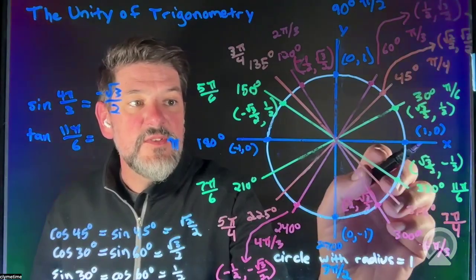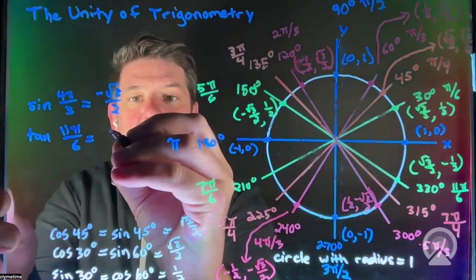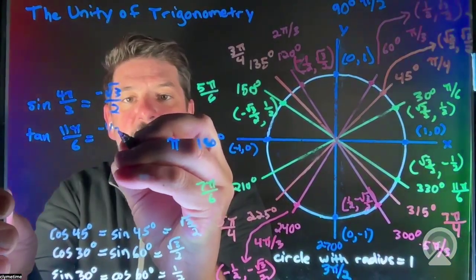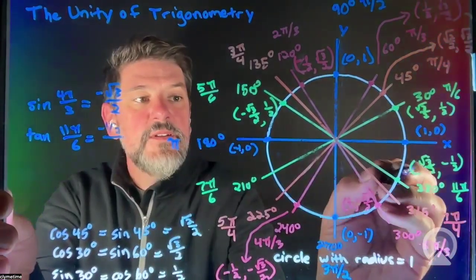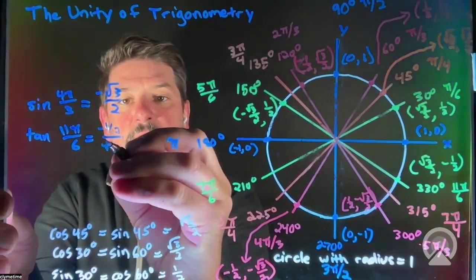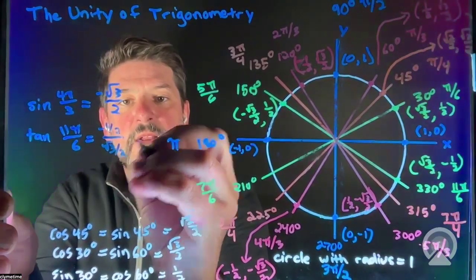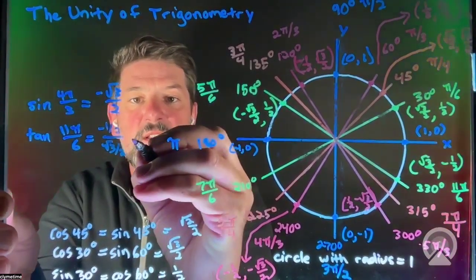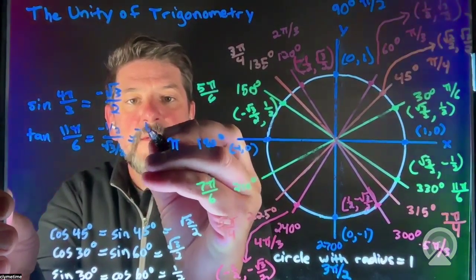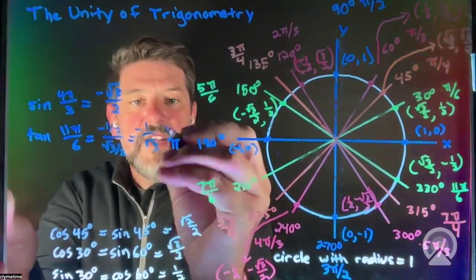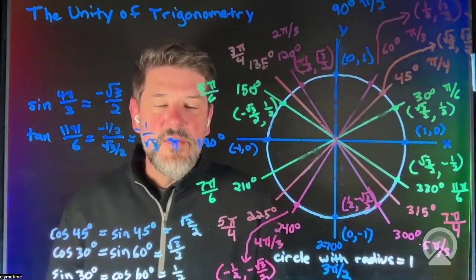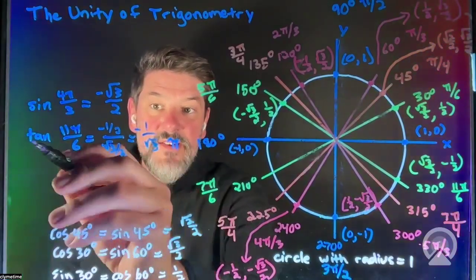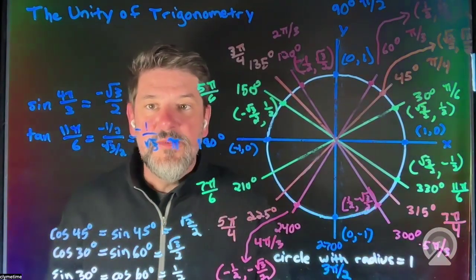So the y over the x. So it's negative 1/2 over, so I'll put that in, negative 1/2 over square root of 3 over 2. And the 2's end up canceling out, so you get negative 1 over square root of 3, which we can rationalize, and you get negative square root of 3 over 3. But that's how you get tangent, just from looking at the unit circle.